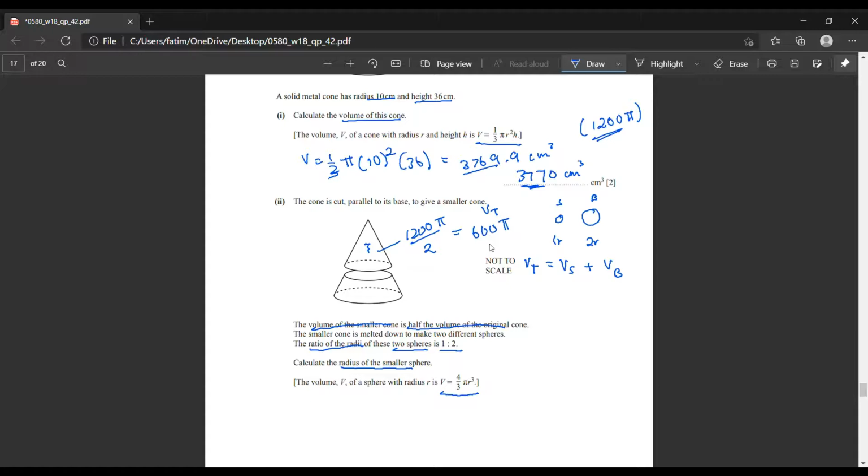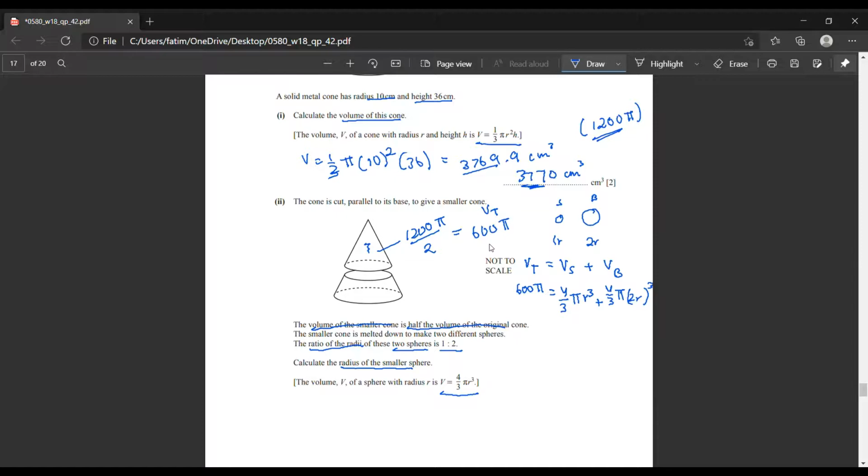So the total volume is 600 pi, and the volume of the small sphere will be 4 by 3 pi r cube, and the bigger sphere will be 4 by 3 pi times 2r, and then cube, because over here the radius is 2r, so we have to put the entire 2r in the bracket and then cube that. I'm not going to constantly write 600 pi. I'll just write it again at the end.